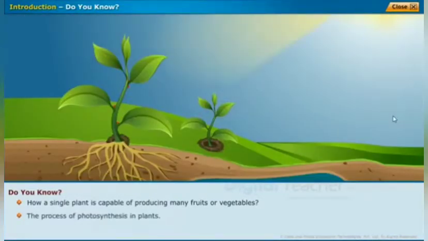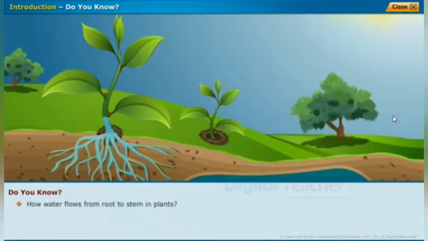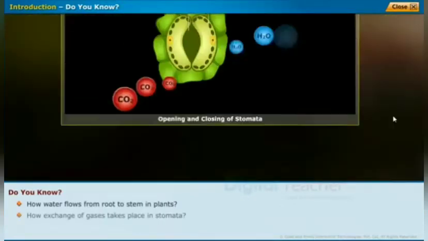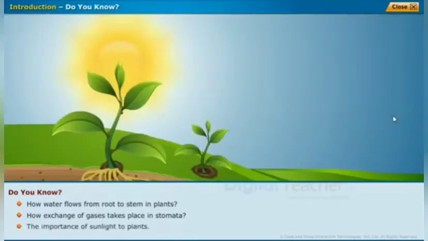The process of photosynthesis in plants. What are the materials required for the process of photosynthesis? How water flows from root to stem in plants. How exchange of gases takes place in stomata. The importance of sunlight to plants.